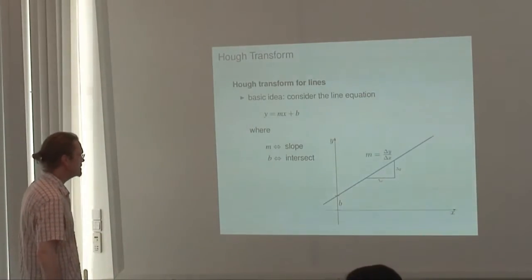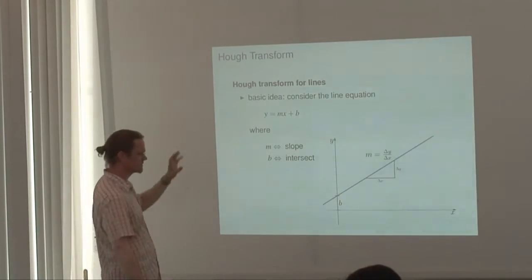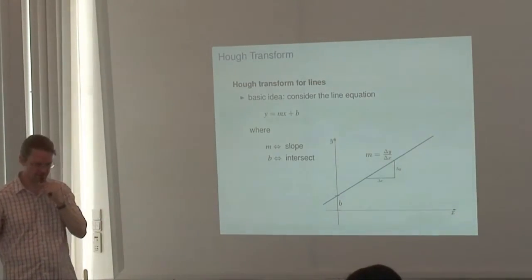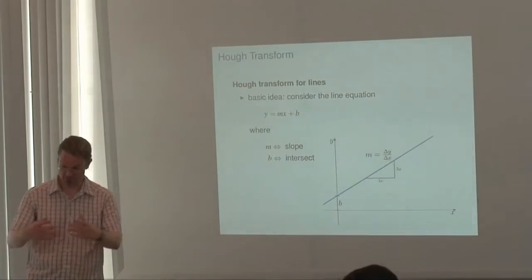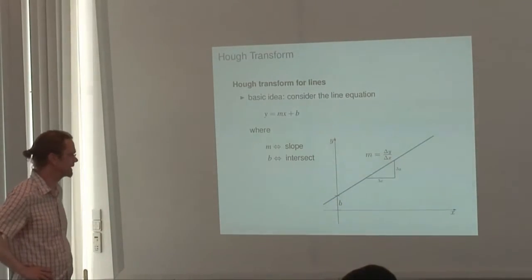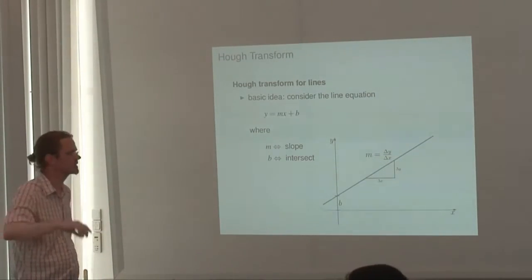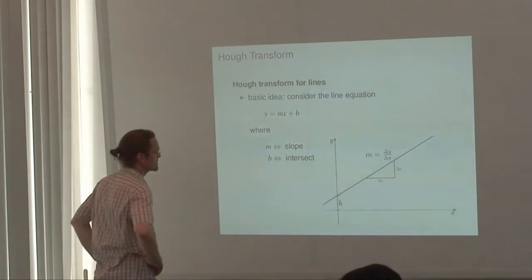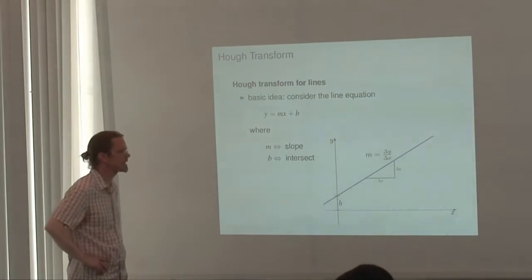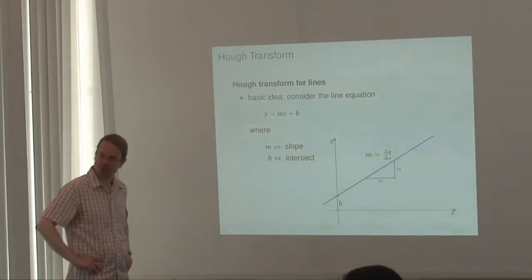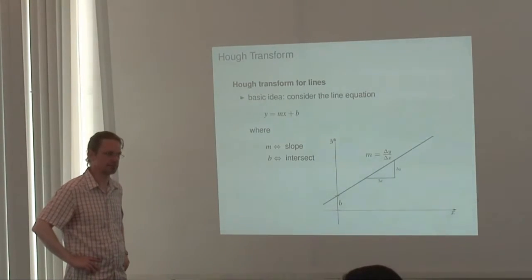Now, the idea when it comes to lines, and we'll just go through the Hough transform for lines because this is the most traditional venerable case, but again, it works for circles and ellipses and basically anything else. But let's just study lines. The idea is to think about what it means to be a line. Right?